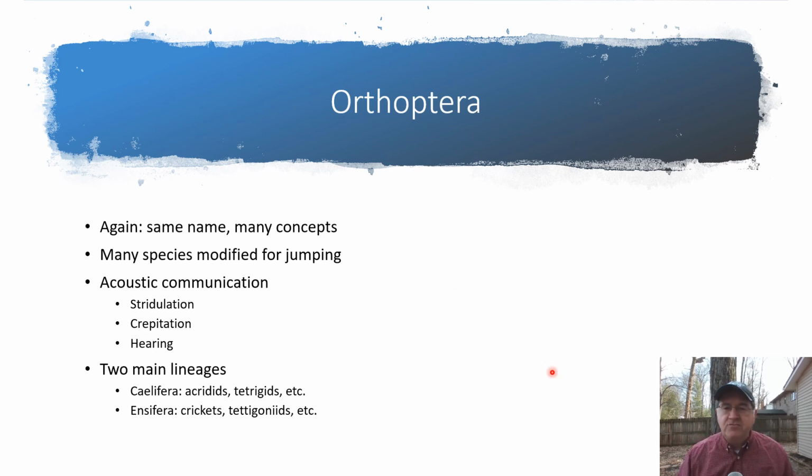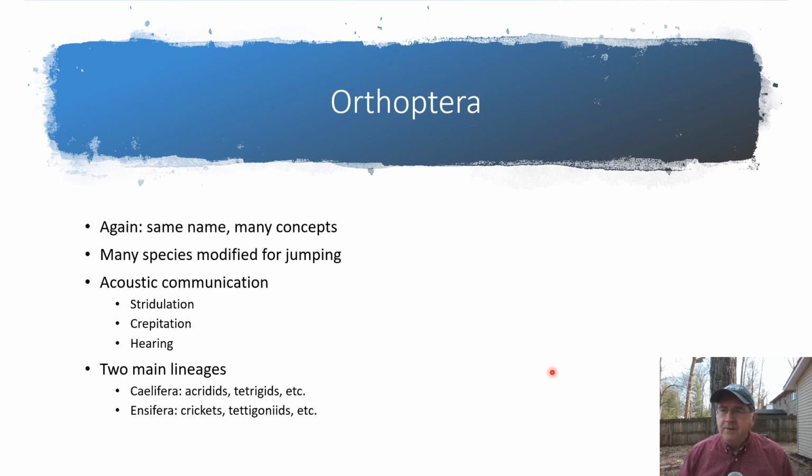Within the Orthoptera, we've got two massive lineages that form separate groups, and I'm going to take a quick run through some of the more exotic and interesting representatives, at least to me, of these two groups. The first is what's called the Coelifera, and these are your classic grasshoppers. So the shorthorn grasshoppers, the Acrididae, things like the migratory locusts, Schistocerca and Locusta migratoria.